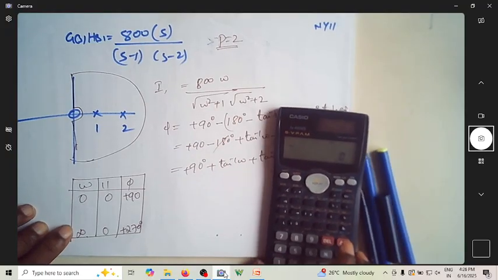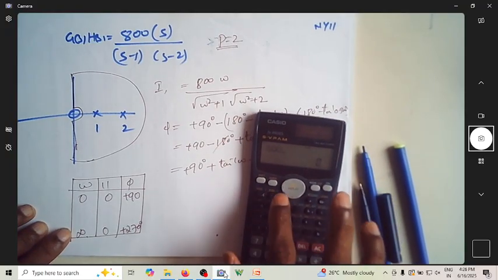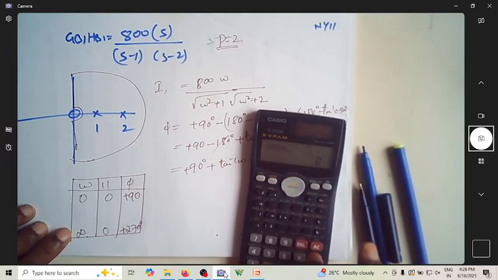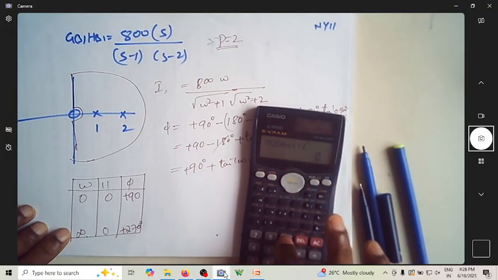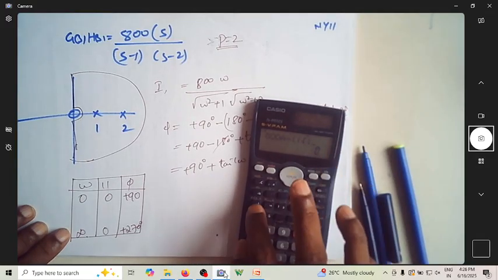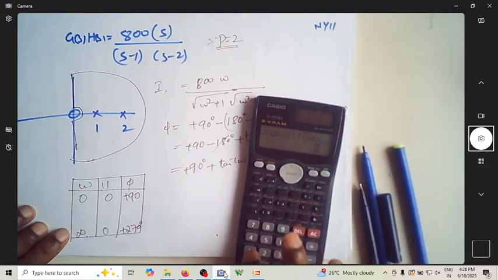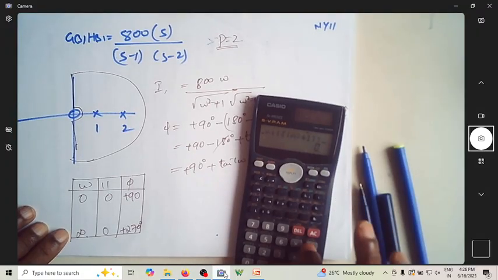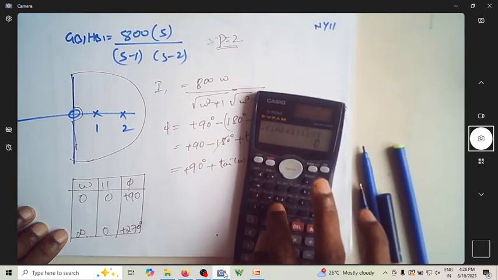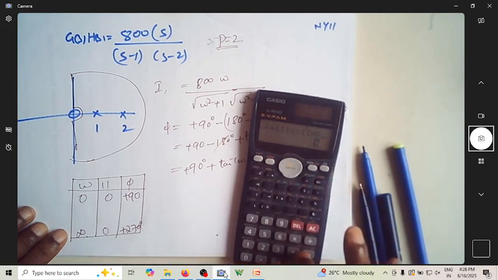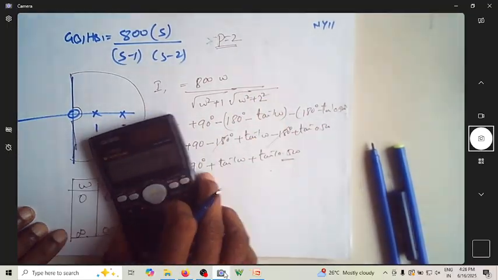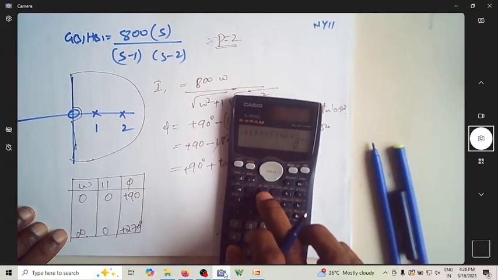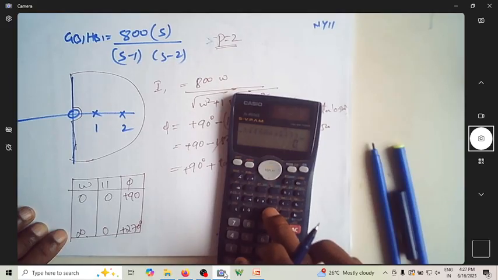Now, what is this? It is 800 omega divided by the square root of omega squared plus 1, into the square root of omega squared plus 2 squared.